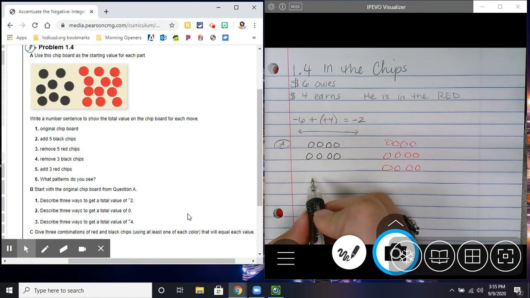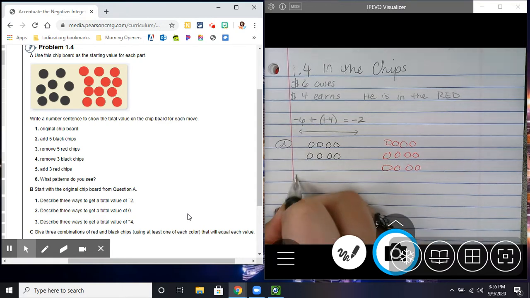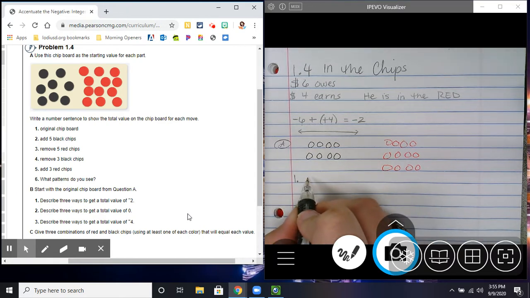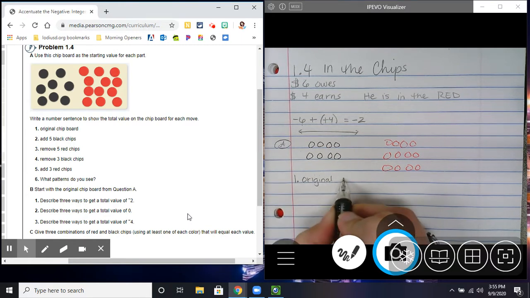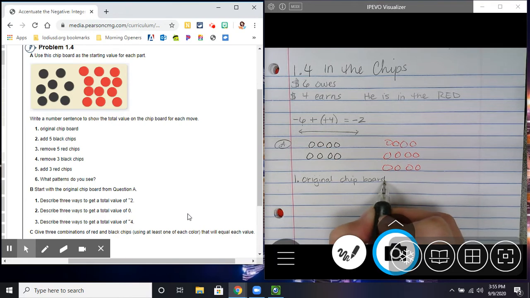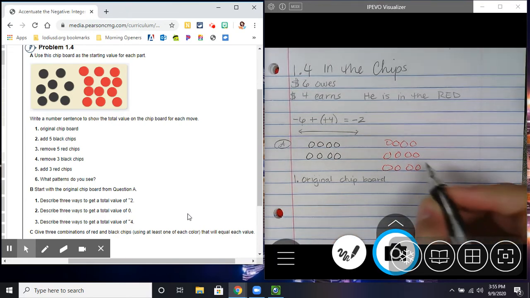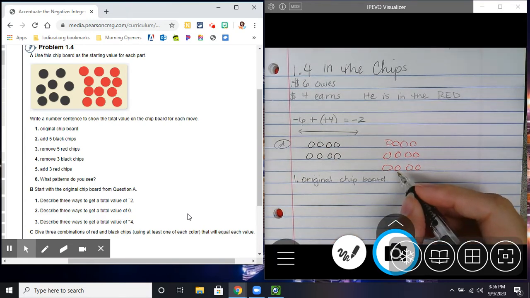So write a number sentence to show the total value on the chipboard for each move. Move number 1 is the original chipboard. Total value.